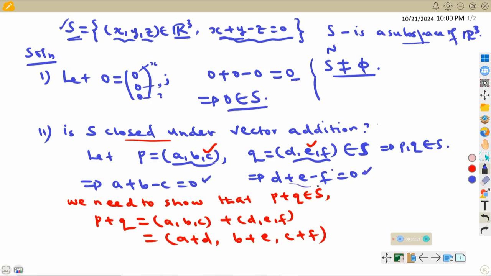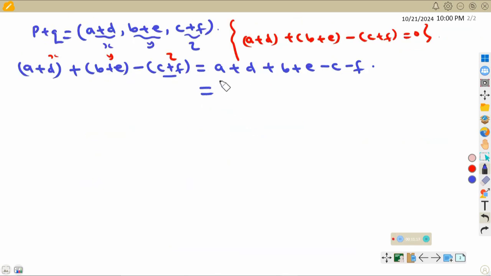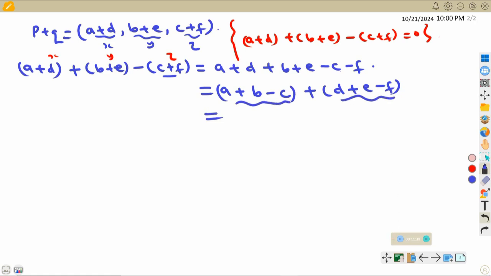So I can use these, because I can easily get A plus B minus C, then plus I can also easily combine D plus E minus F. But what is this one equal to and what is this one equal to?